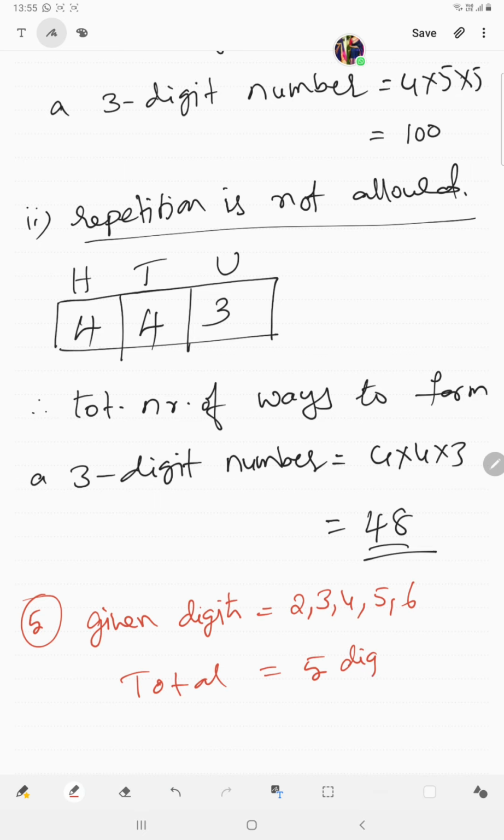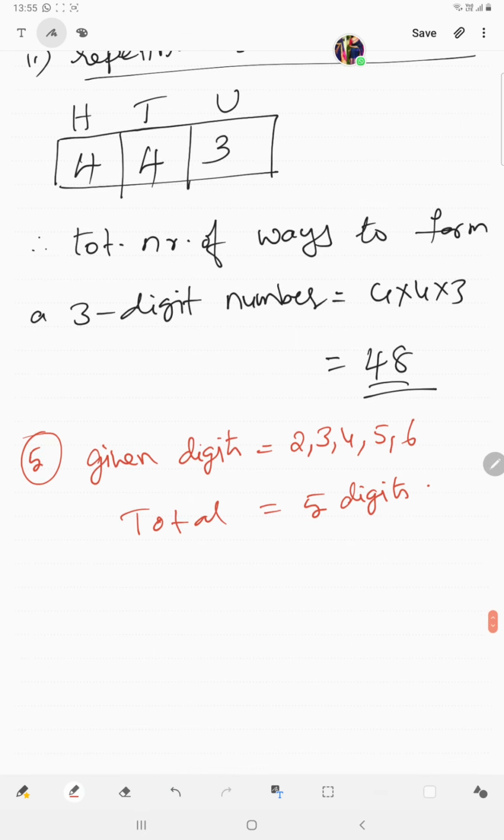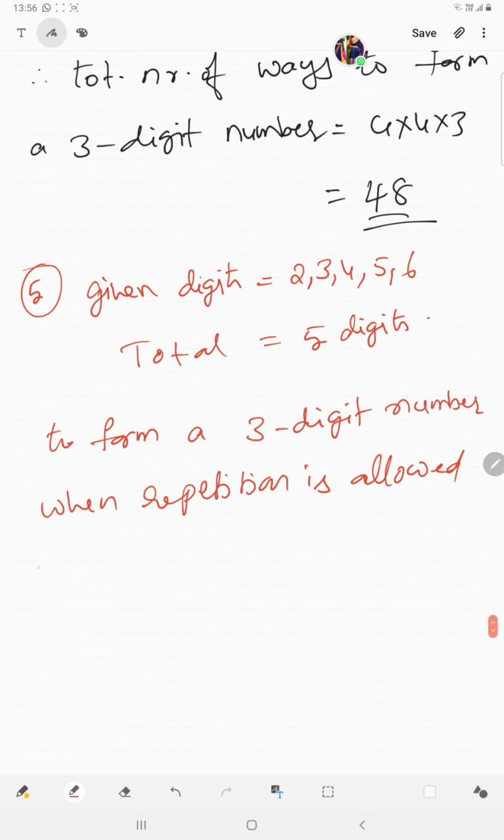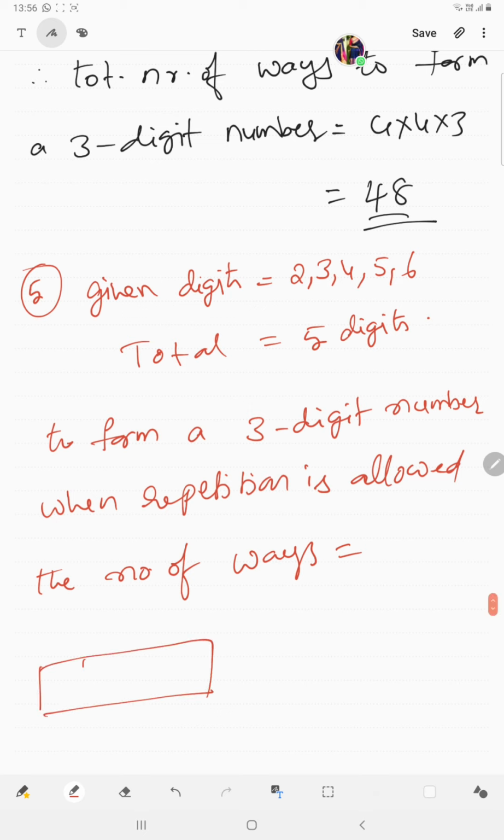To form a 3-digit number when repetition is allowed, the number of ways is equal to, see here, a 3-digit number is needed.